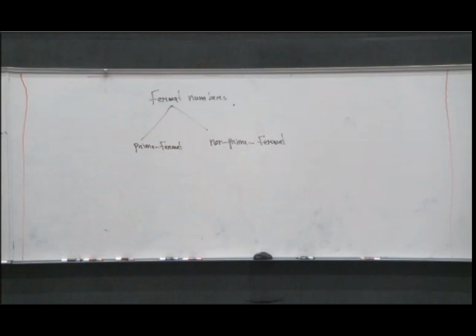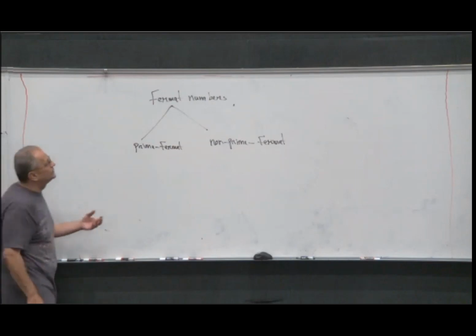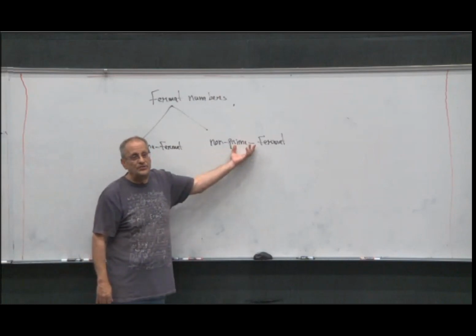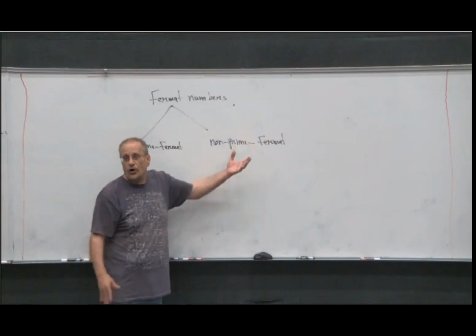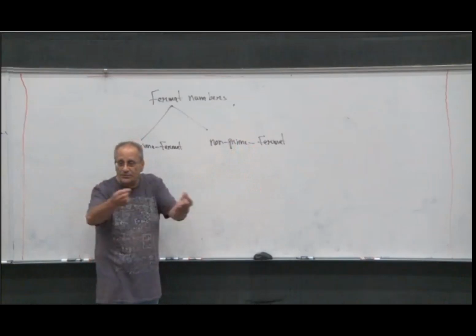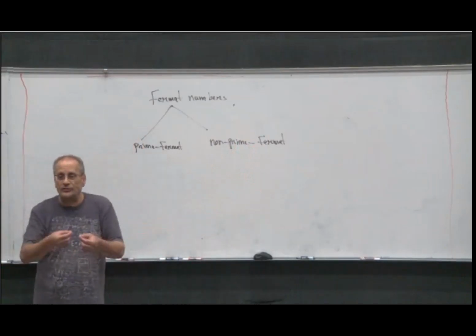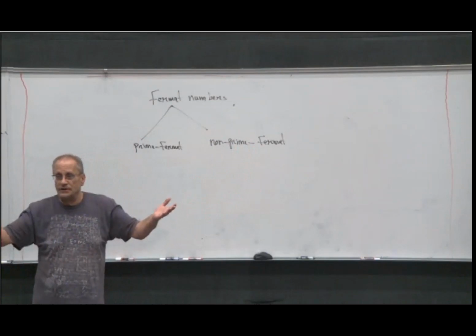Some of them will be prime, and let me remind you what we mean by a prime. A prime number is a whole number, an integer, whose factors are only one and itself. All of us know that. And if you have an integer that is not prime, all of us know we can break it into a product of prime numbers. We know that.